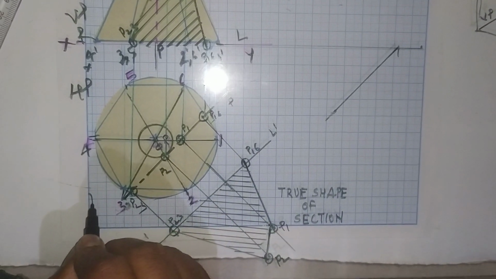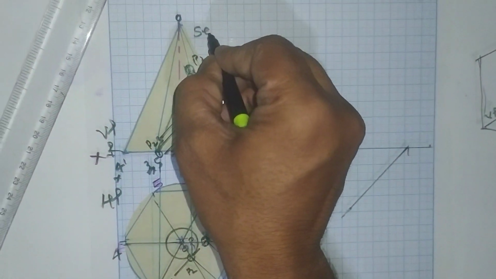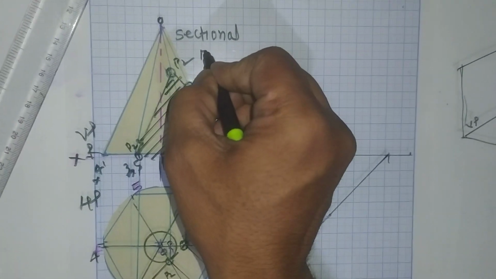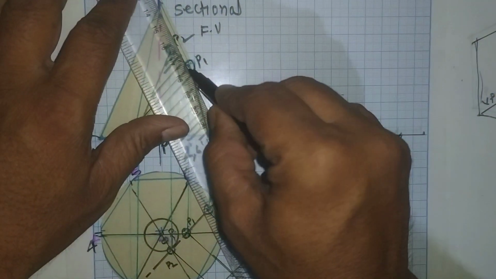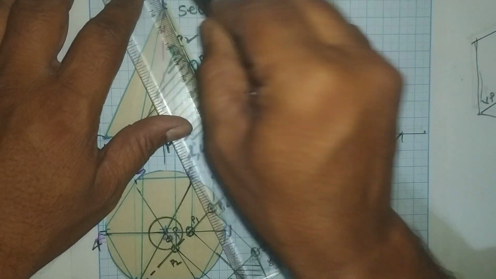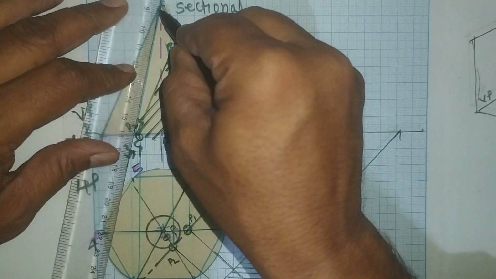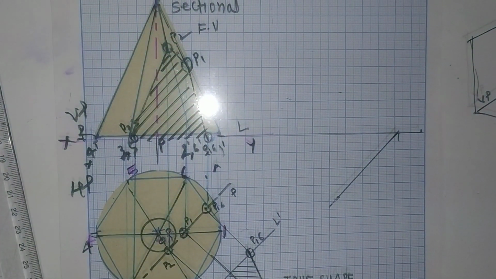This is the top view. This is the sectional front view. Now this part of the portion will be dark, and this much portion too. This is the format.